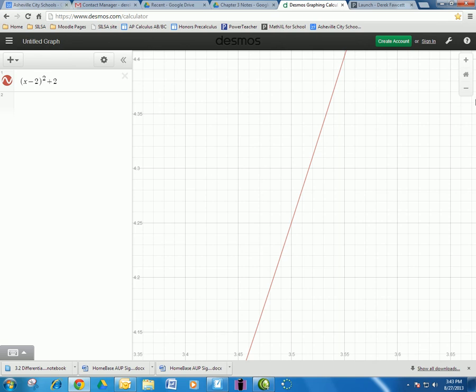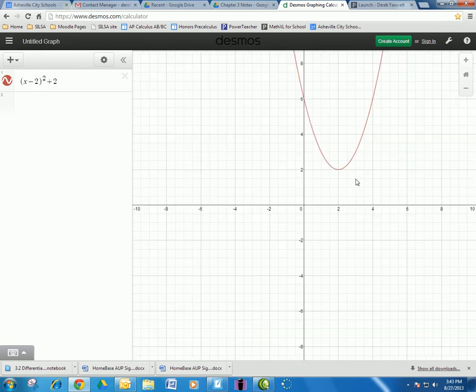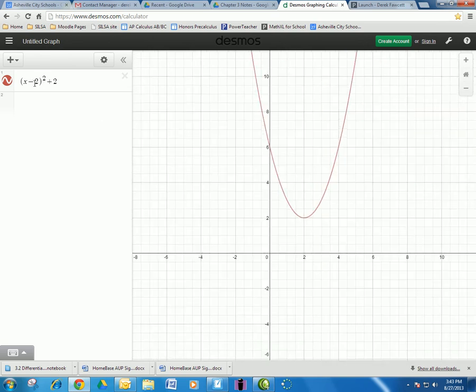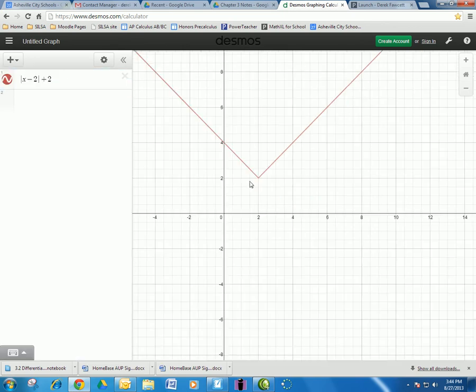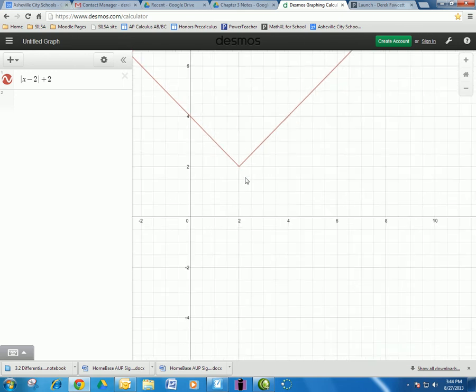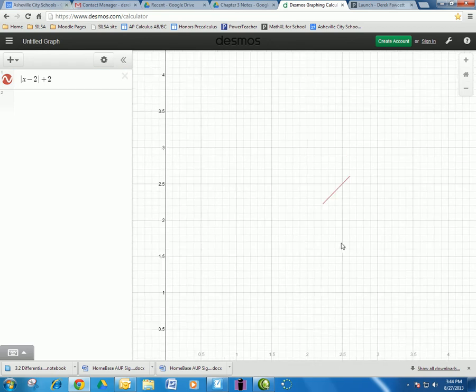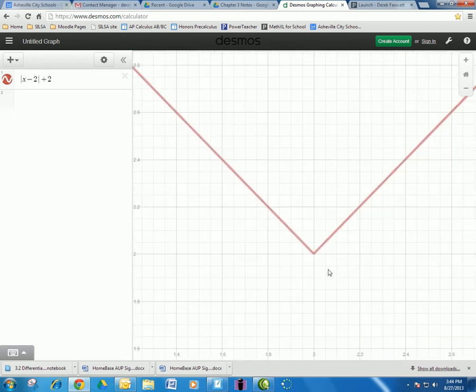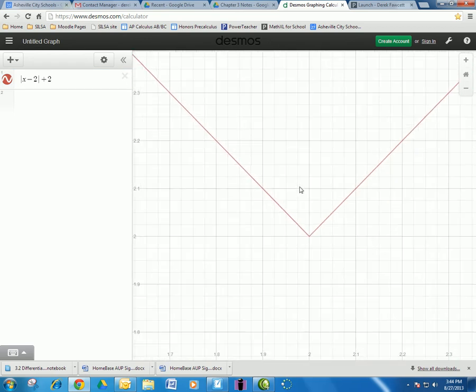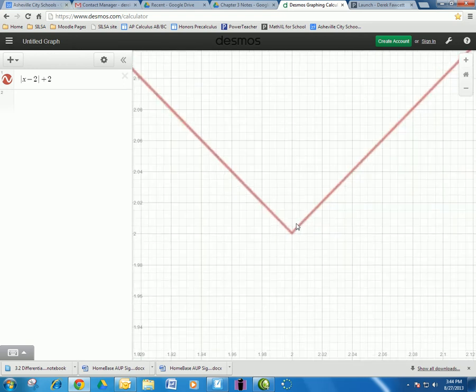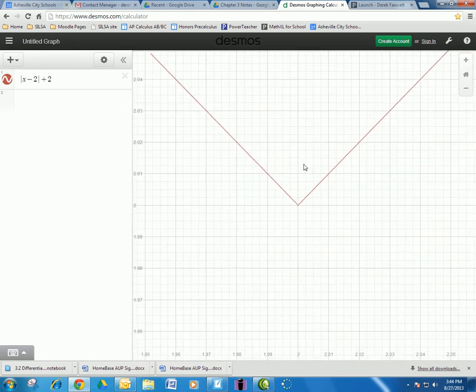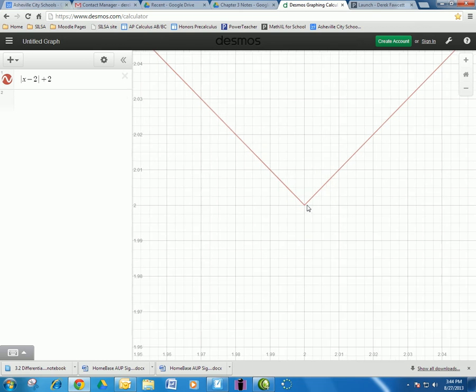However, if we take a point, for example, let's make this the absolute value. Here we have the absolute value, and I'm going to take this point right here, right at the corner, and zoom in, zoom in, zoom in. If I zoom in on this point, I'm trying to get it in the center.